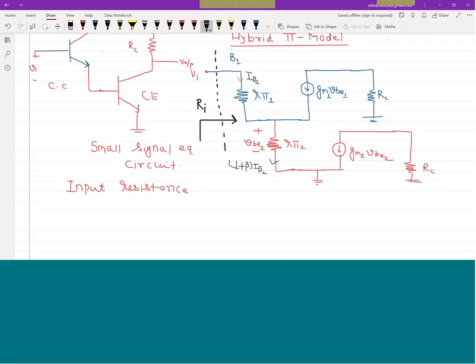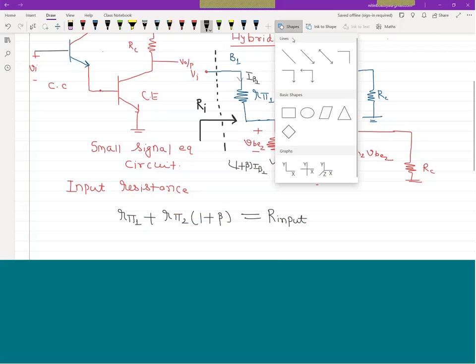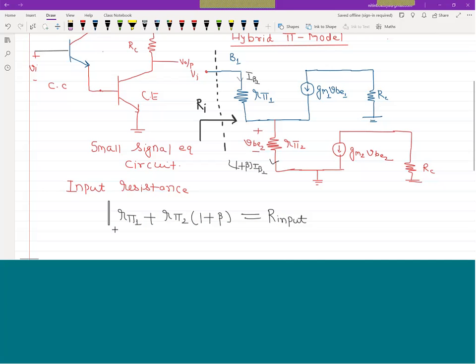So we want the ratio of input voltage to input current, so I can say the resistance is R pi 1 plus the resistance of the second terminal, which is equivalent to R pi 2 into 1 plus beta. This is R input, the input resistance of the circuit. So this is very important. Higher input resistance means they're good for a voltage amplifier. So no problem about it.